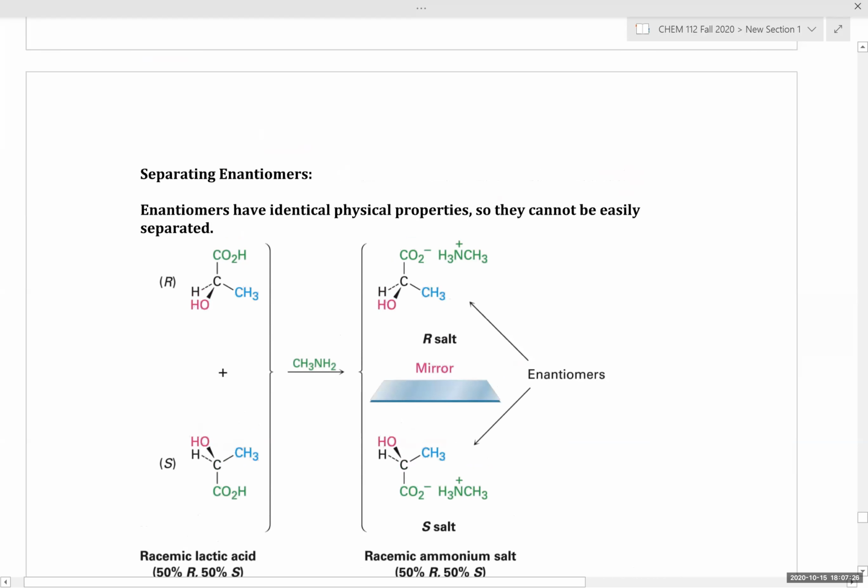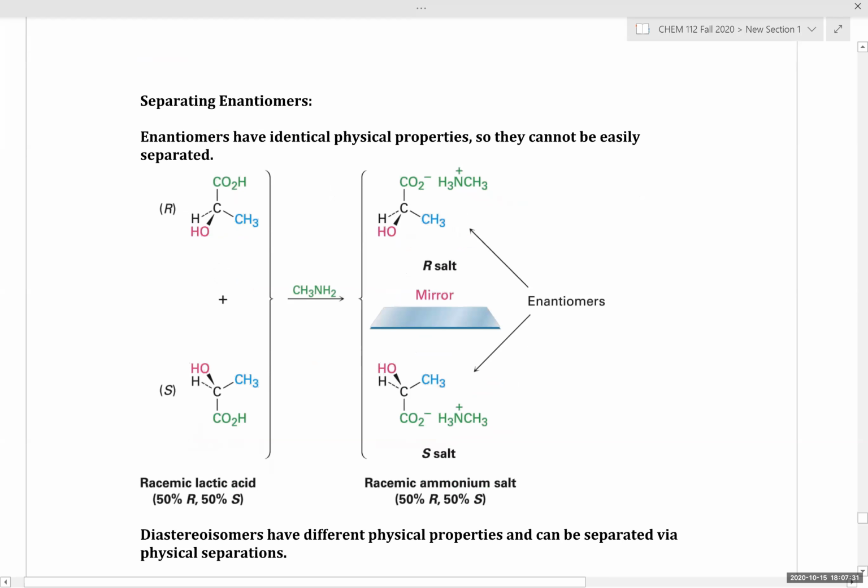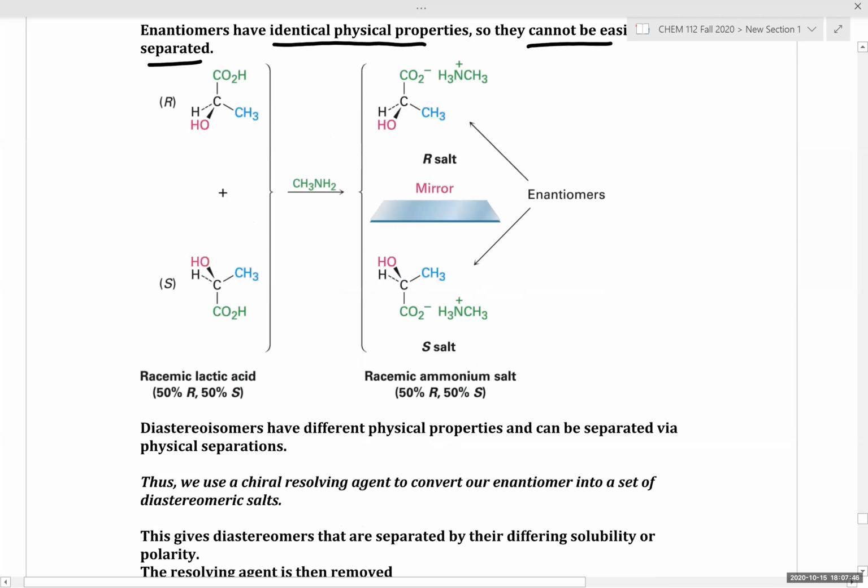And let's talk briefly about how we separate enantiomers. Well, there's a bit of an issue with enantiomers in that enantiomers have identical physical properties, so they cannot be easily separated. However, there's a trick to this.